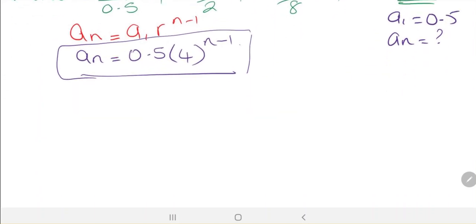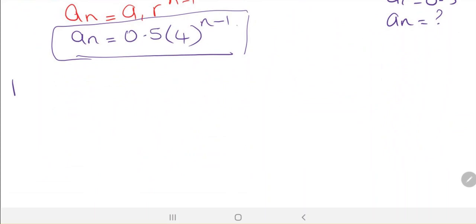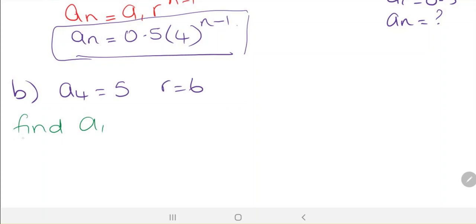So let's have a look at example 2, part B. We're given a4 is 5 and r is 6. The first thing we need to do is find a1. So we're going to use the formula an is a1 times r to the n minus 1 and use the information we know.